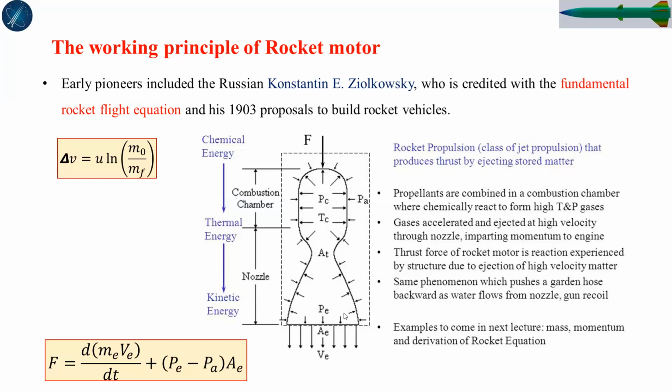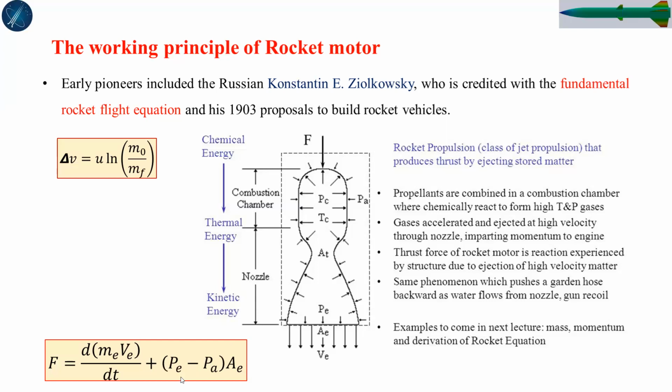As the ejected matter, the burnt mass, comes out at some speed, that is Ve, that produces the thrust force. That is related with this component of force, the thrust component. There is also a pressure component of force.